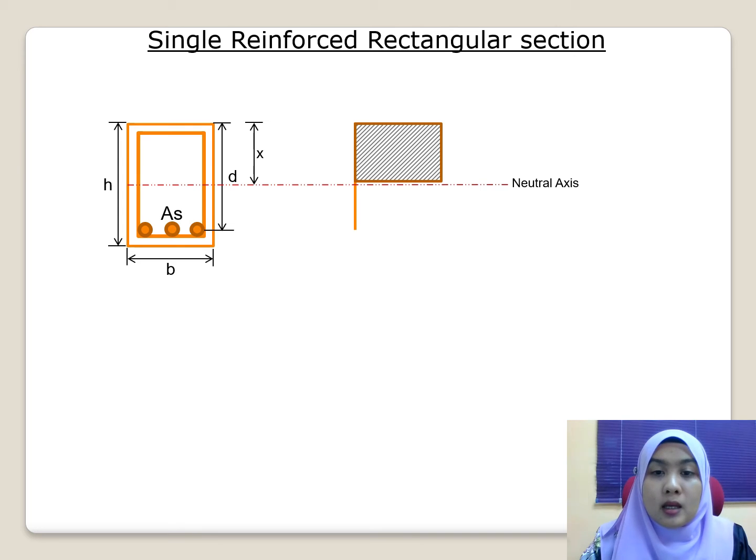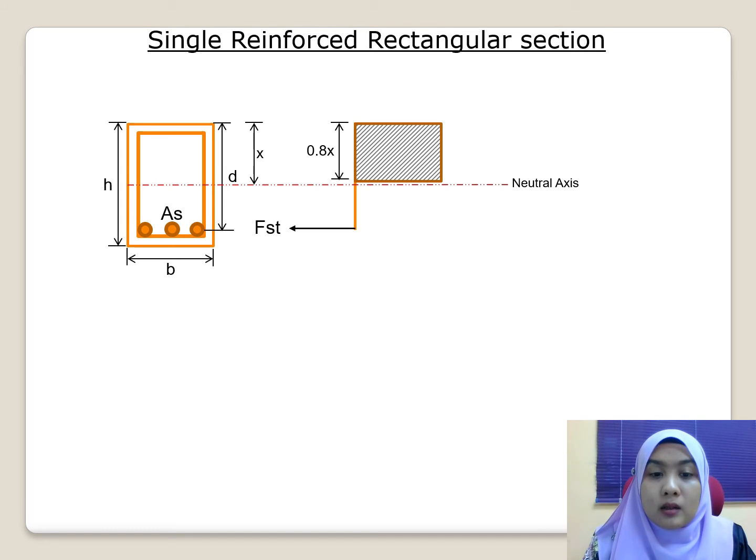The hatched section actually represents the compression stress in the rectangular section. The height of this compression section is about 0.8 of the depth of neutral axis x. Okay, 0.8x.